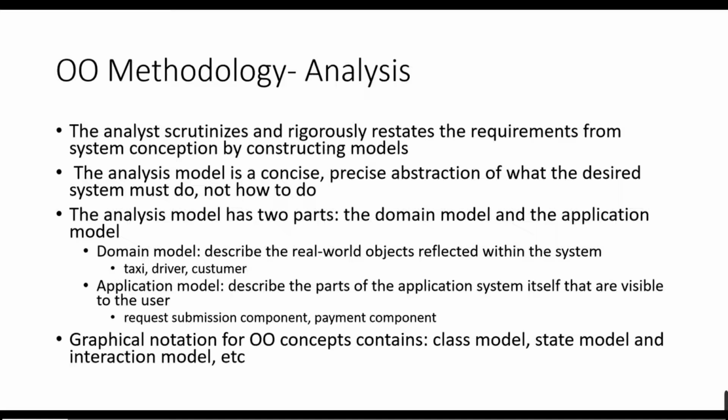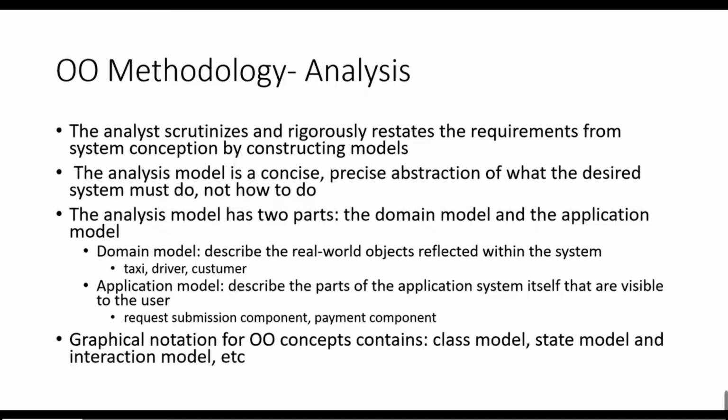It means we only focus on what the system needs to do, without considering how it will be done. And the analysis model has two parts. The first one is the domain model, and the second one is the application model.